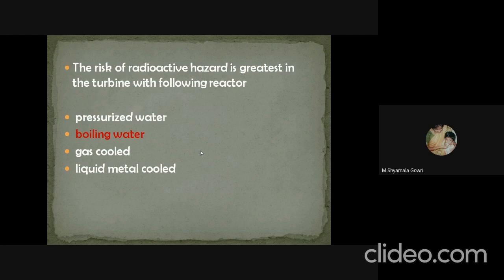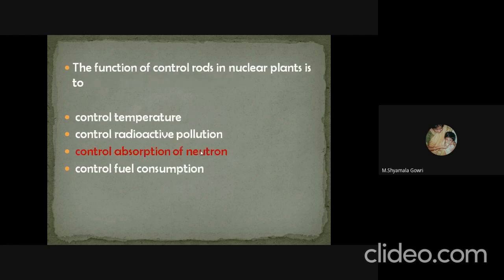The risk of radioactive hazard is greatest in the turbine with the following reactor: it is the boiling water reactor. The function of control rods in nuclear plants is to control the absorption of neutrons.